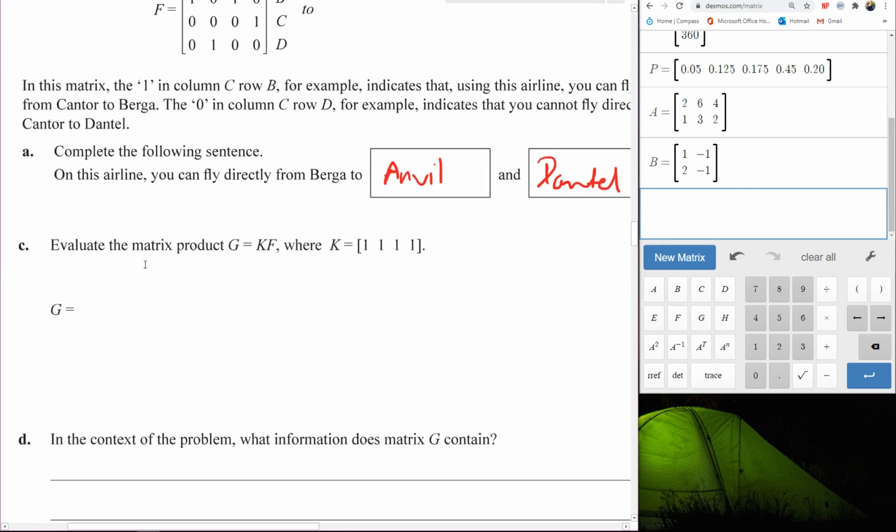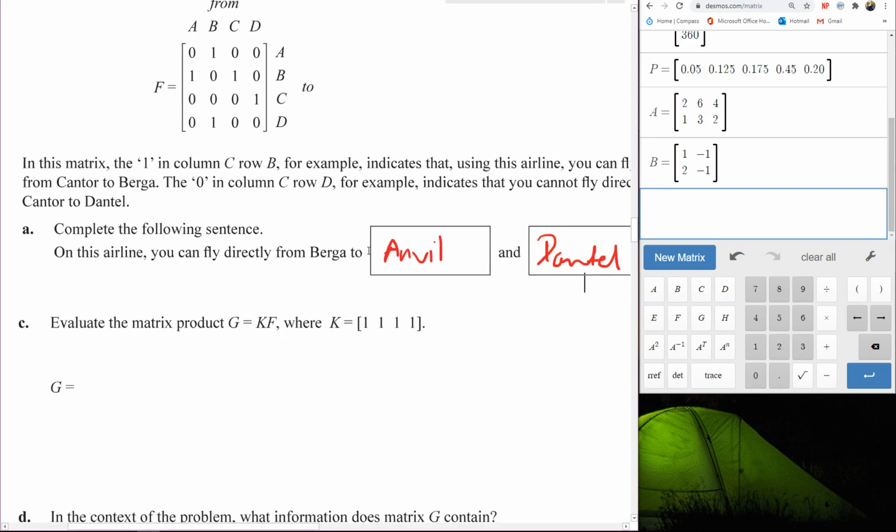Next, evaluate the product matrix G, where KF represents G and K matrix is 1, 1, 1, 1. Now, this is a row matrix. Remember what your row matrices do. When you multiply something with a row matrix, understand where you need to put it and also what it does for you.